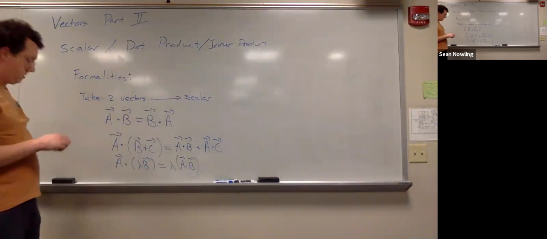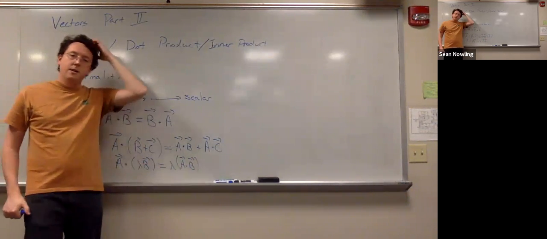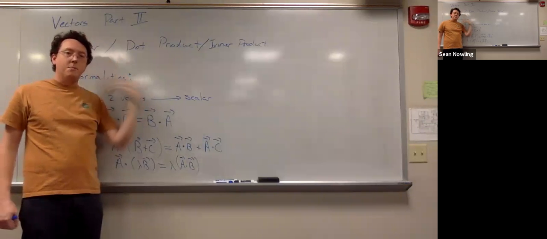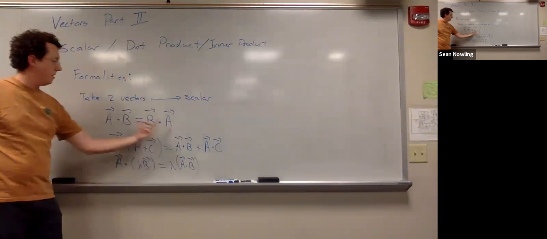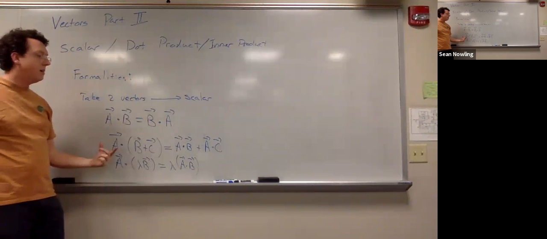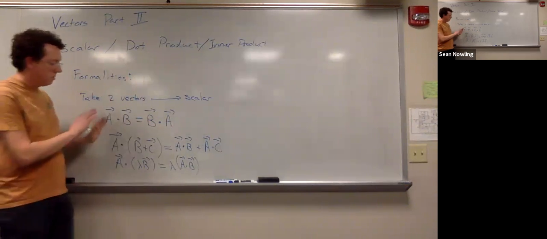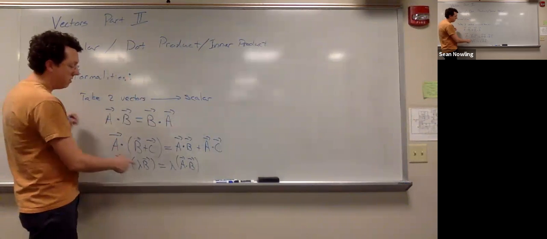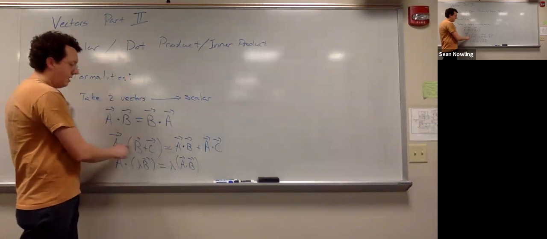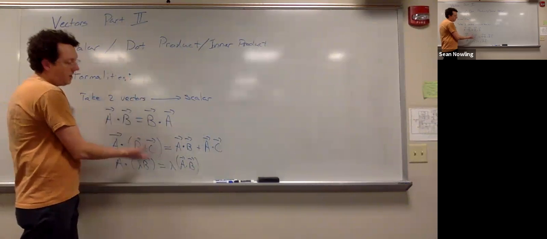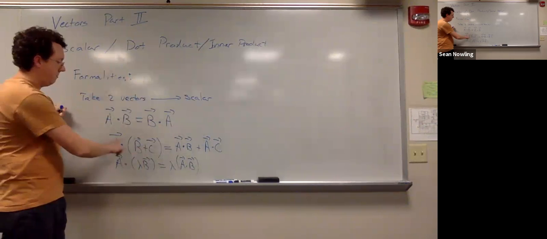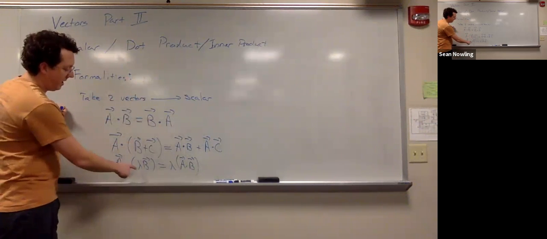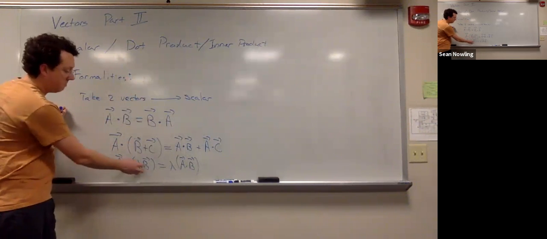So, remember what I said. The dot product is a symmetric bilinear mapping. Well, don't worry about the bi part, but linear is this. It means that it works all right under distribution, and scalar multiplication factors out.